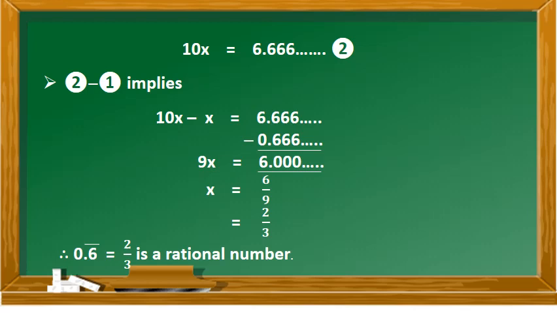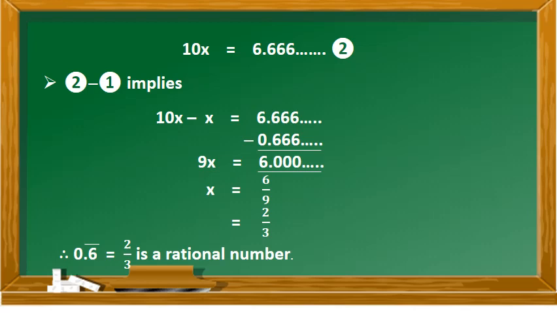Now, to find out the rational number, we have to subtract equation 1 from equation 2. So equation 2 minus equation 1 implies 10x minus x is equal to 6.666 dot minus 0.666 dot.